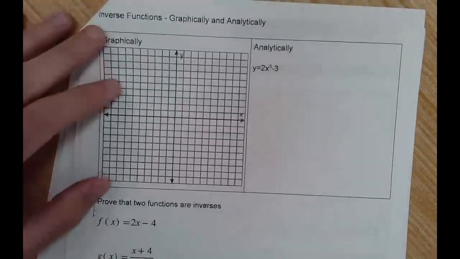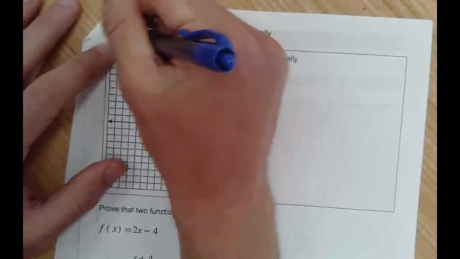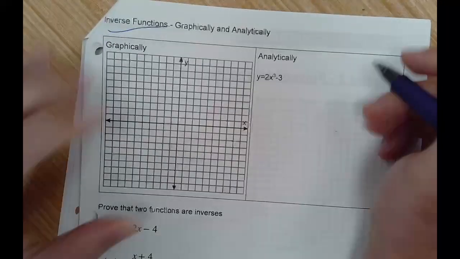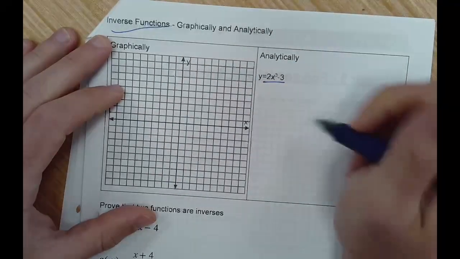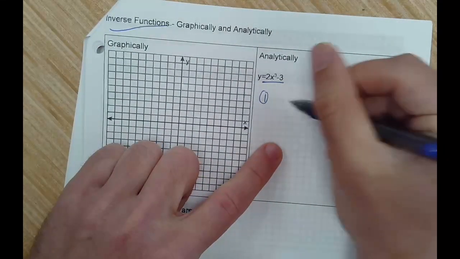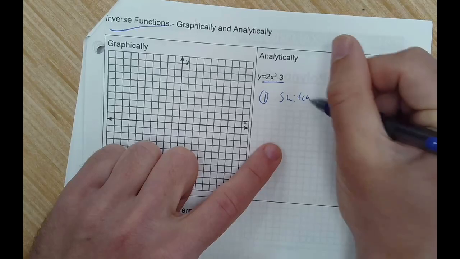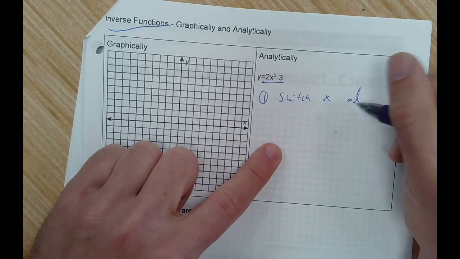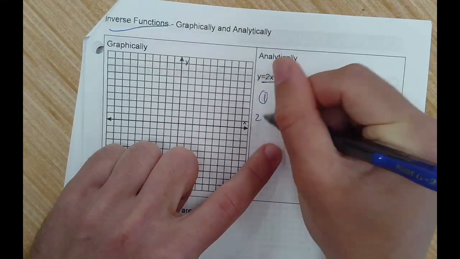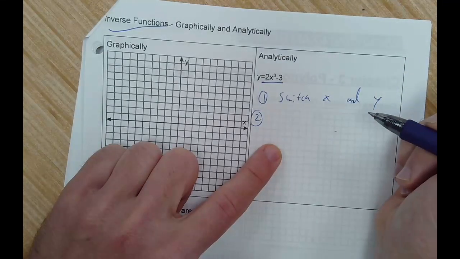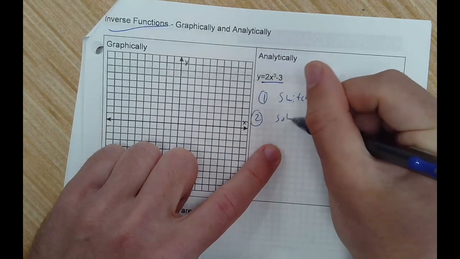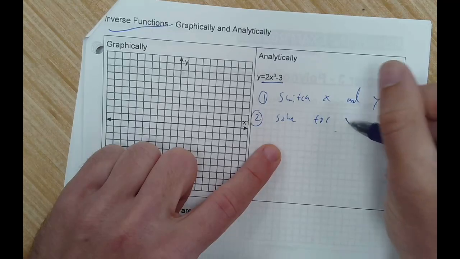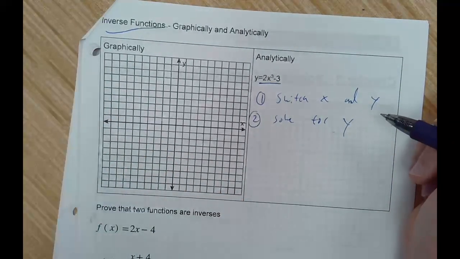So inverse functions graphically and analytically. Let's start with analytical. So the steps are 1, switch x and y, and then 2, solve for y. So pretty straightforward here.